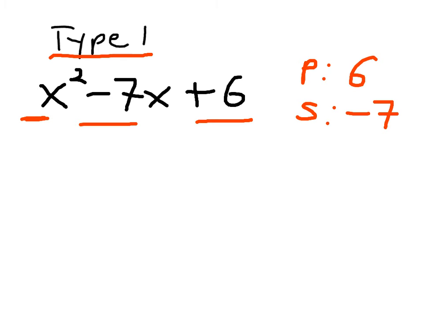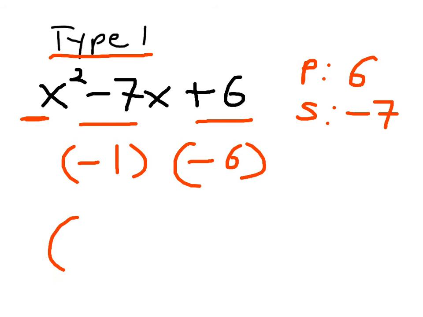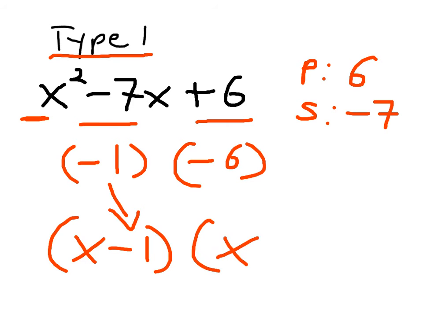Two numbers that multiply to give you 6 and add to give you negative 7 would be negative 1 and negative 6. And in type 1 factoring, you can then simply split it up into those two brackets, x minus 1, so the minus 1 went in here, and x minus 6, and the minus 6 went in there.